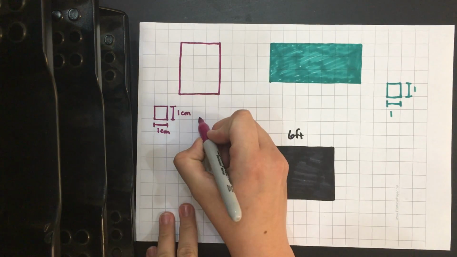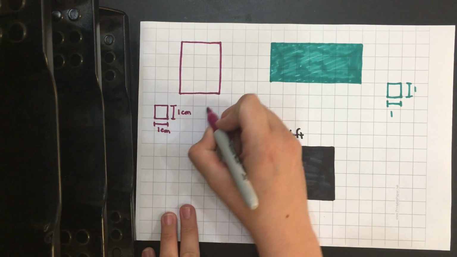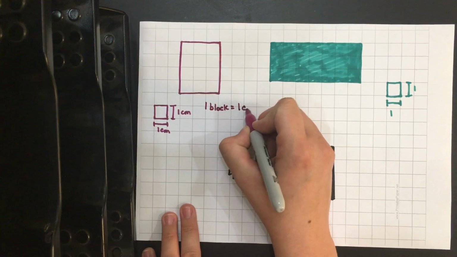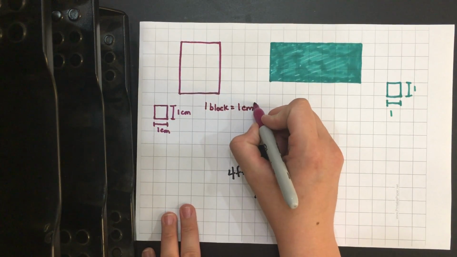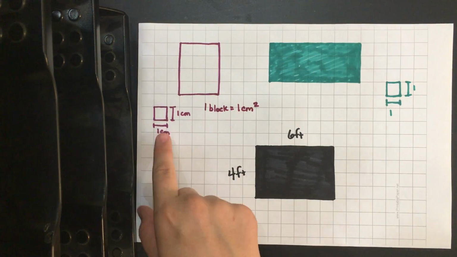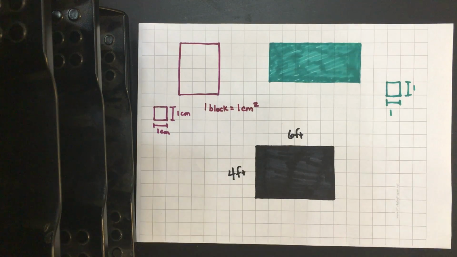Now, the reason that one block equals 1 centimeter, not cubed, sorry, squared, 1 centimeter squared, is because when we're talking about length, that is straight, right? It's from point A to point B. That's length. And if we were measuring in centimeters, we would say centimeters.